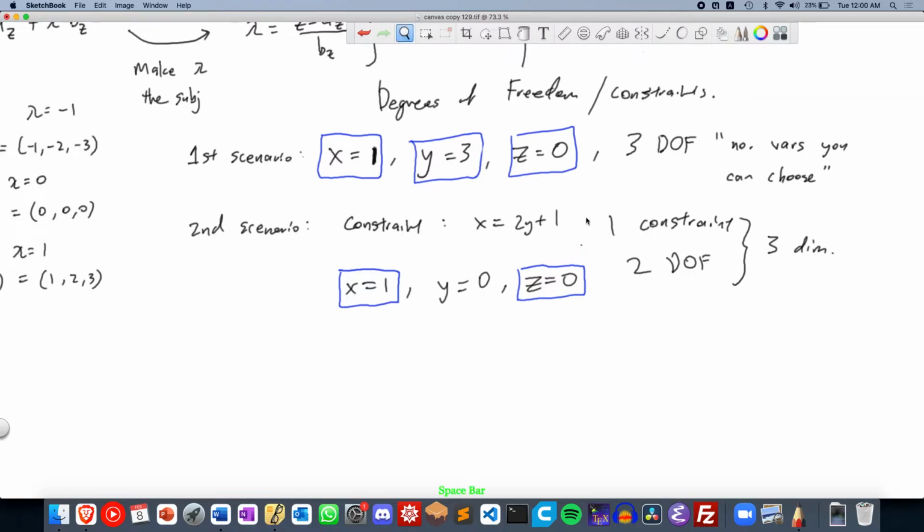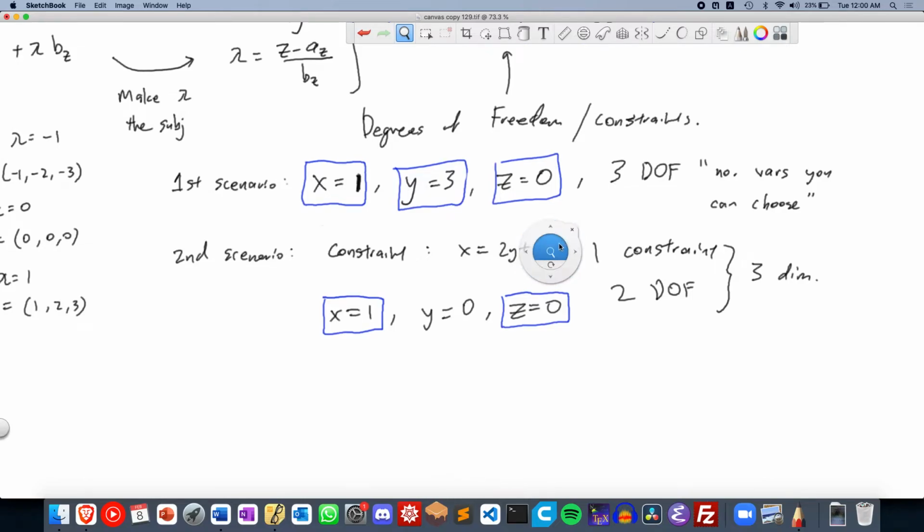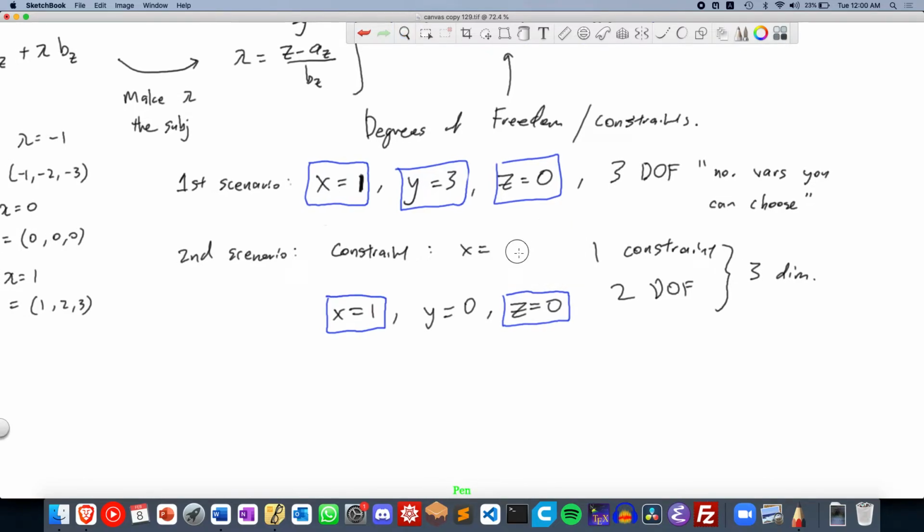But there is a limitation to what we're talking about. We need this constraint to be a linear constraint, because if we write something like x equals y squared, then it's a bit tricky, because then your y can technically be plus or minus 1, but we don't want to deal with any of that. So it needs to be a linear constraint, which basically means that it's a linear equation in y.